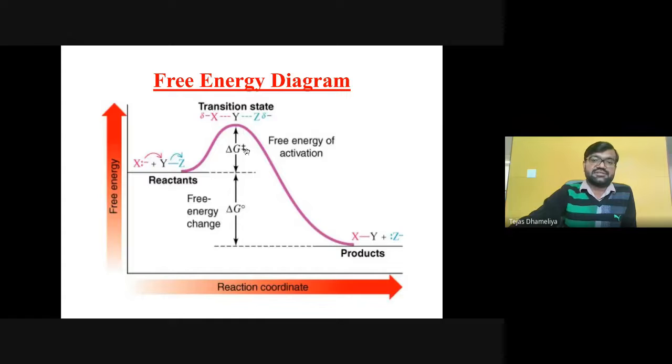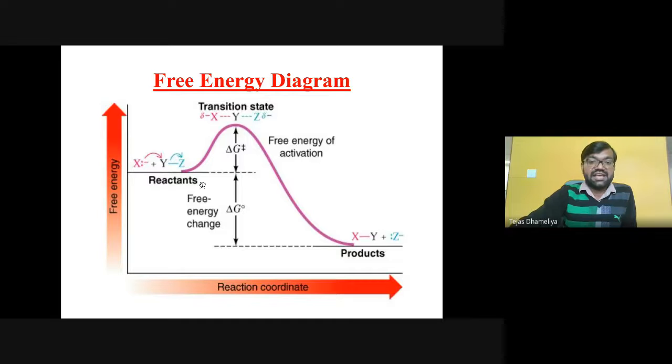Activation energy. The difference in the energy of the reactant and that of the energy of the transition state. But the product's energy is much less as compared to reactant. Energy of reactant थोड़ा above upper है, ये थोड़ा below है.